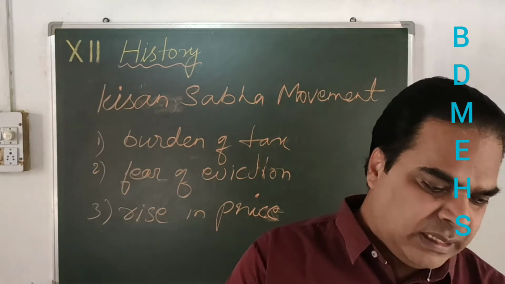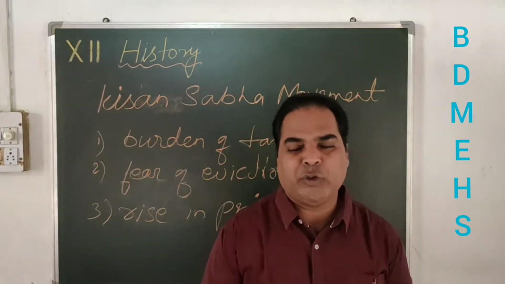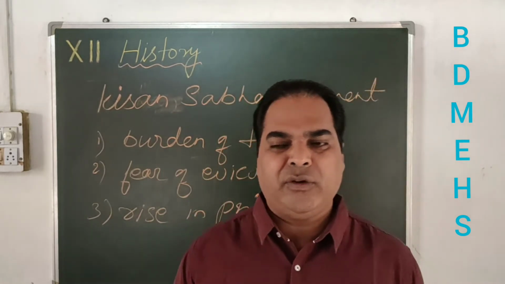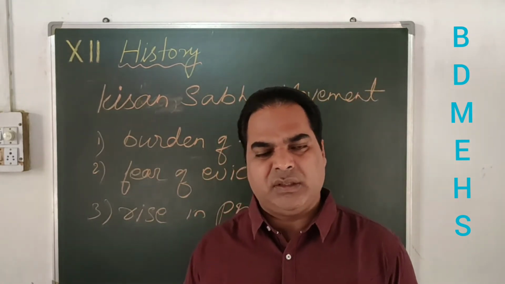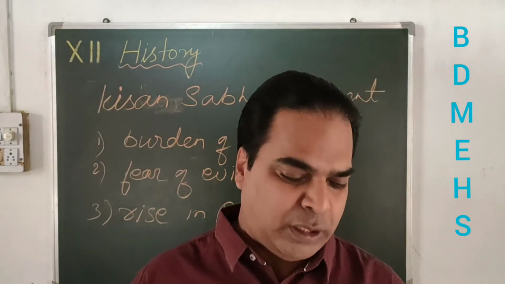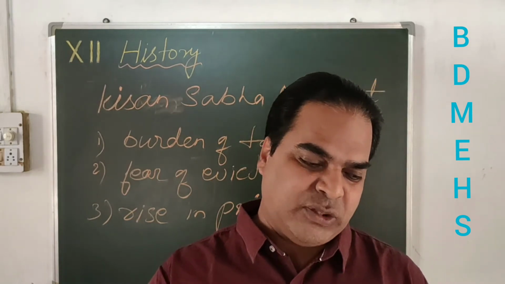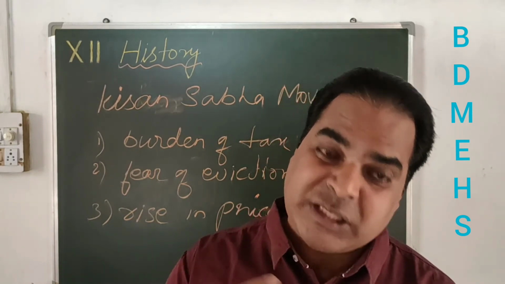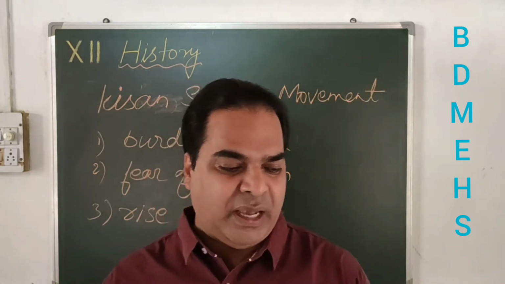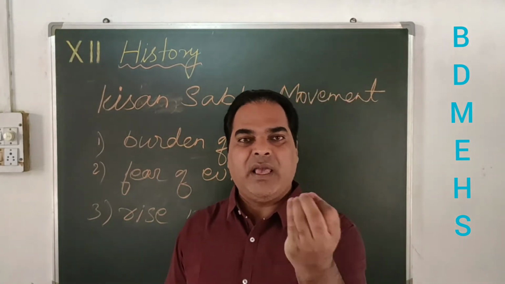A no-tax movement also started in Uttar Pradesh. Tax means any sort of revenue collected from the farmers. Slowly and gradually, the no-tax campaign also spread to other provinces like Bengal and Bihar. It spread like a fire in the jungle.